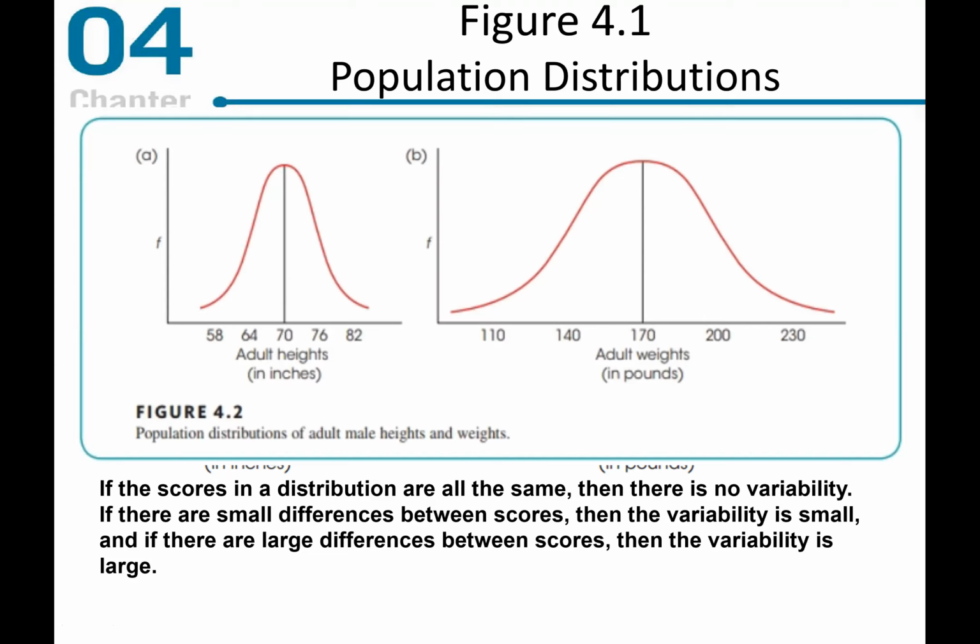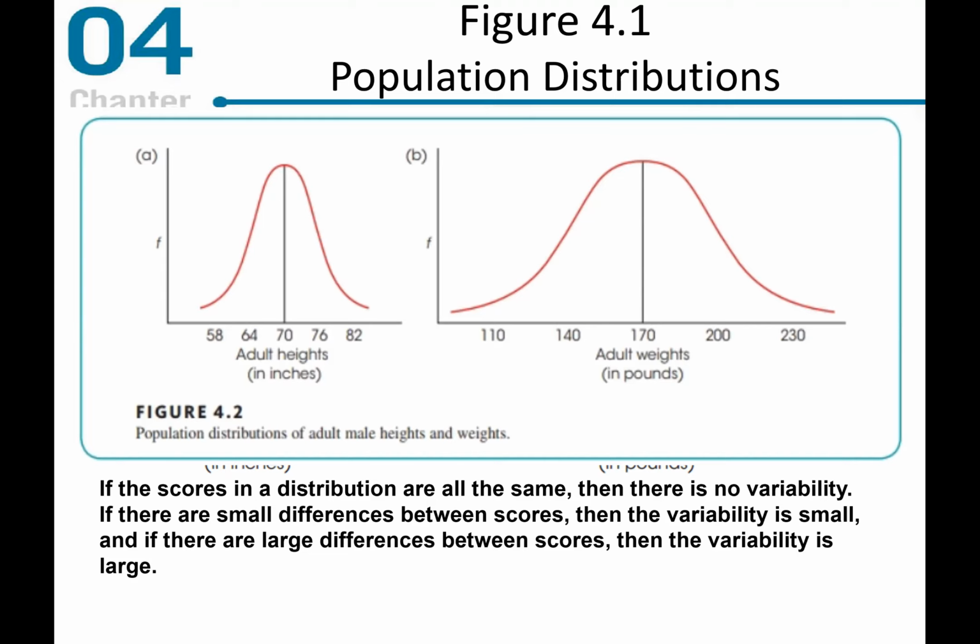Nor do little people, those experiencing dwarfism, who are really, really short, but don't make up a large part of the population. The majority of people are very, very close to this population mean of 70 when we're measuring adult height in inches.